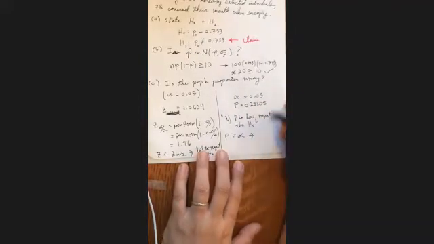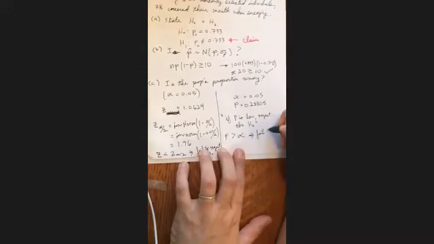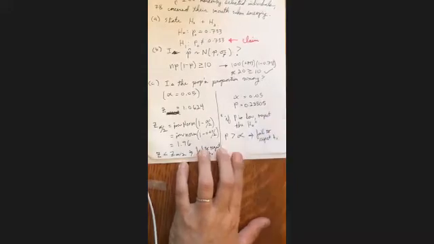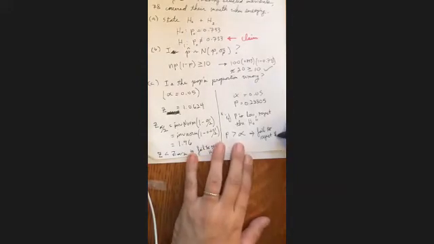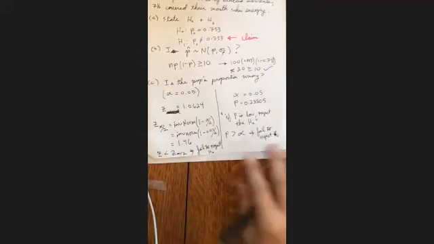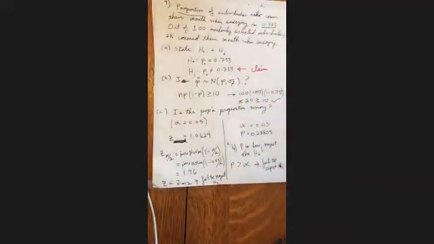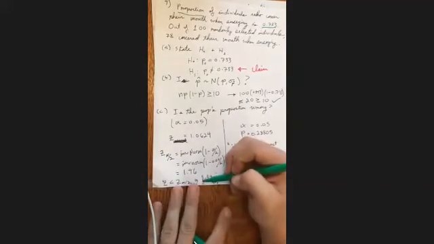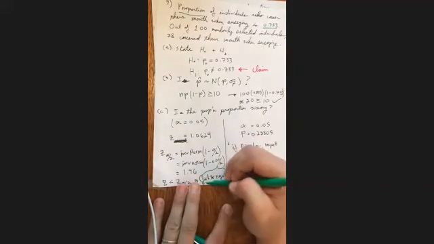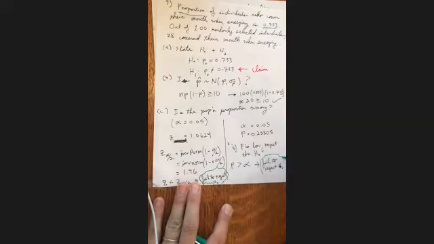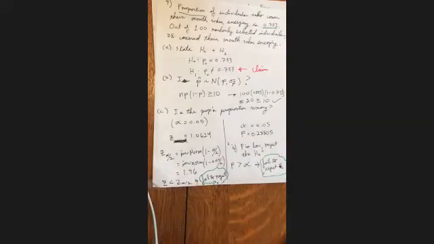So that implies, again, fail to reject H0. So no matter whether we use the classical approach or the p-value approach, we get the same result of the test, which is we fail to reject the null hypothesis.